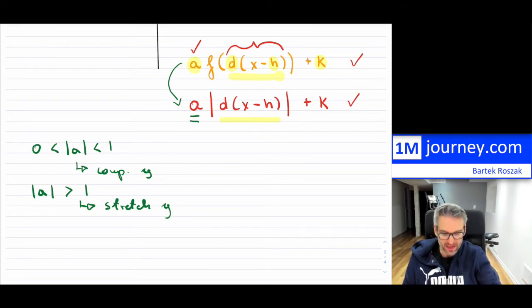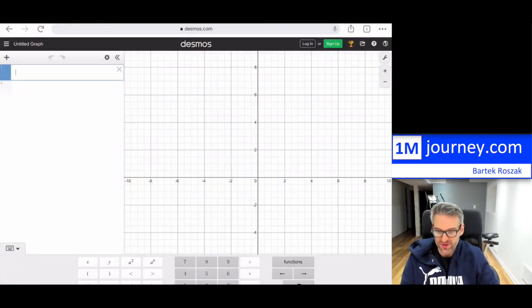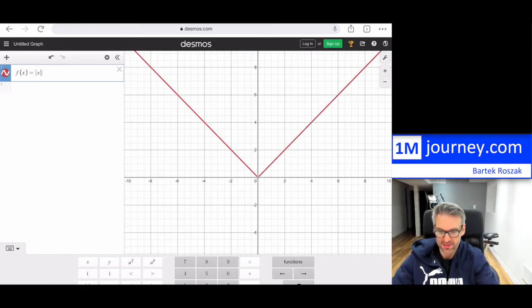And what I mean by that is, let me pop up Desmos again, as part of a review. Let's imagine my function is equal to the absolute value of x. So notice that's my parent function.